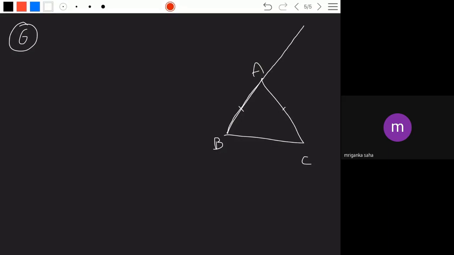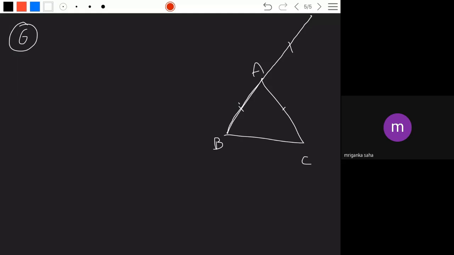Sixth problem, where a figure is given to you. So what is the question given? ABC is an isosceles triangle in which AB is equal to AC, and BA is produced to D such that AD is equal to AB.